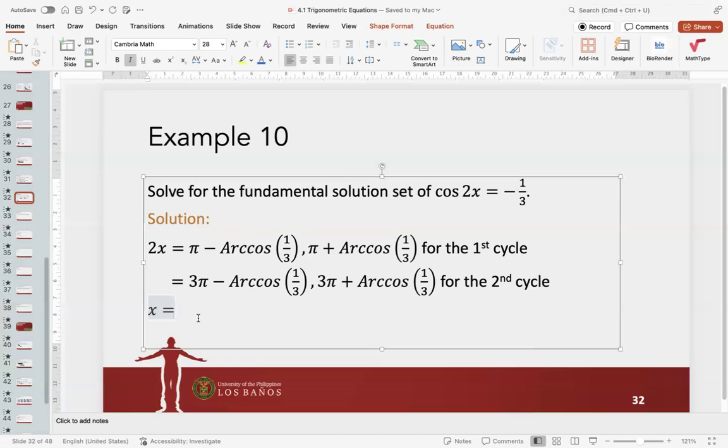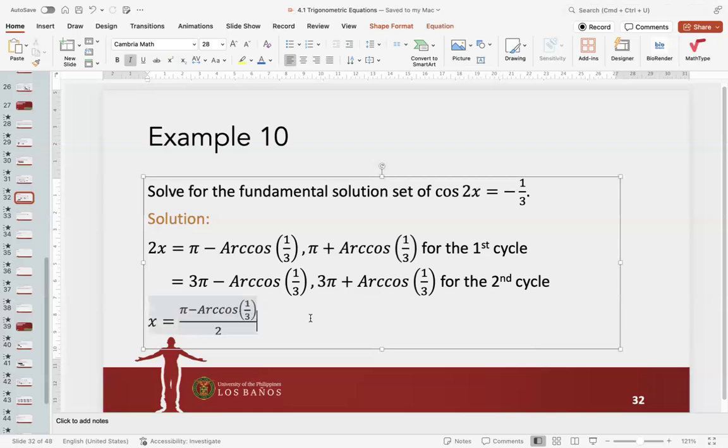We will be having pi over 2 minus 1/2 arc cos 1/3. Okay? Or another way, if you don't want to get confused, then you can just do pi minus arc cos 1/3 divided by 2. So that is okay.